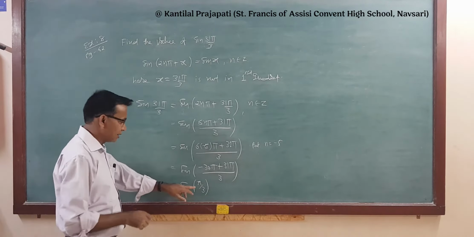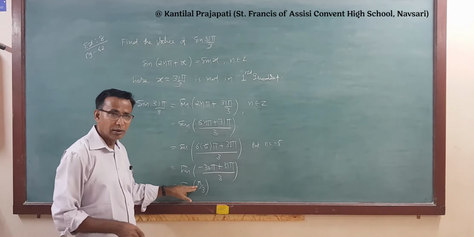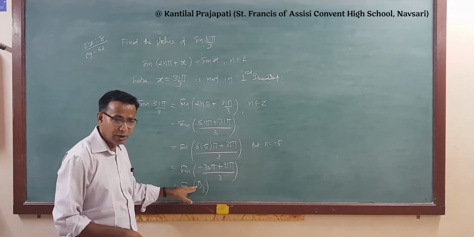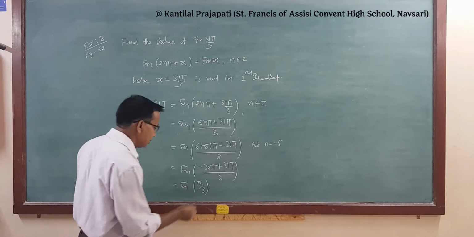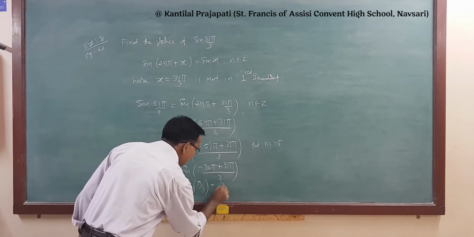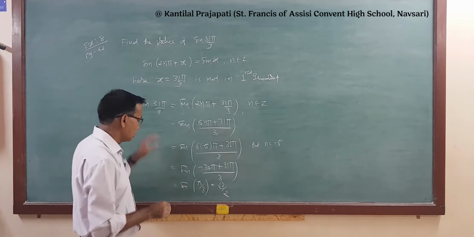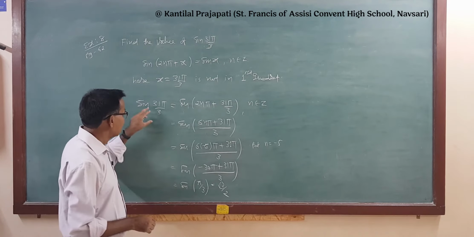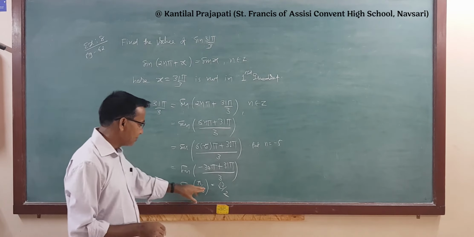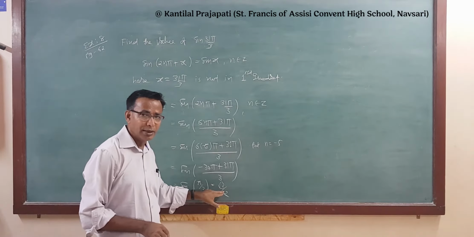Sin pi by 3 is a known value, equal to root 3 by 2. So the value of sin 31 pi by 3 is root 3 by 2.